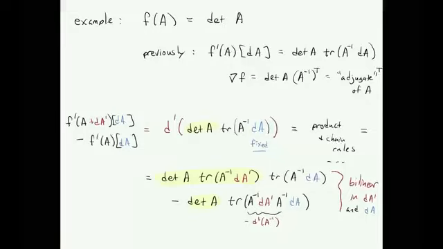So I stick in any dA primed, any dA. Clearly, this is linear in each one of them individually. I can multiply dA by dA prime. It's quadratic, but I can't multiply dA by itself.